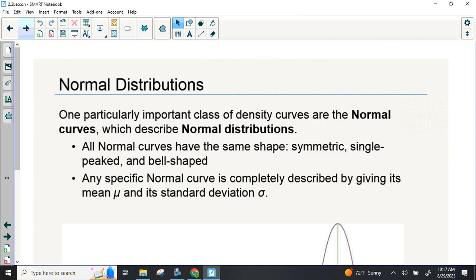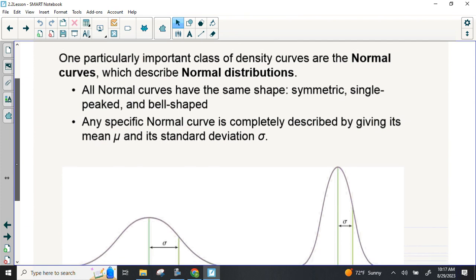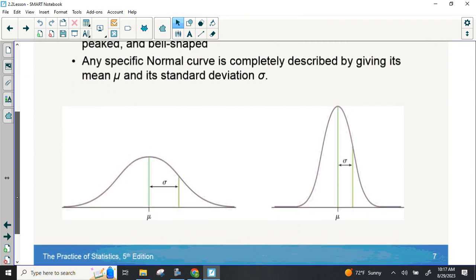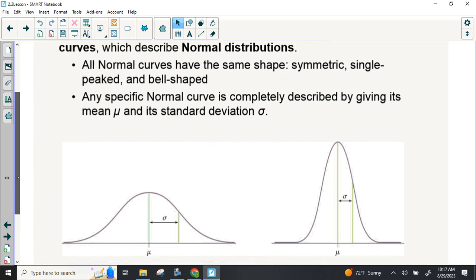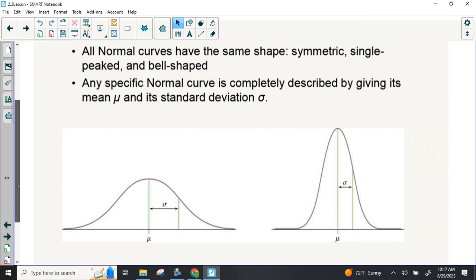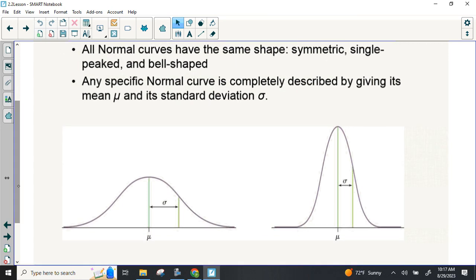All right, so this is what our normal distribution looks like. These are normal distributions. They have the same general shape. They can be wider or thinner depending on what the standard deviation is. The standard deviation of our distribution determines the width of our curve.